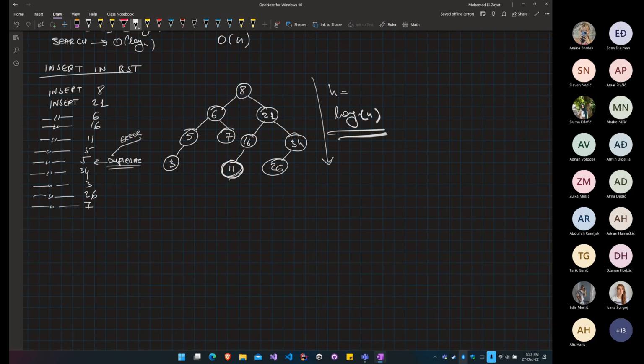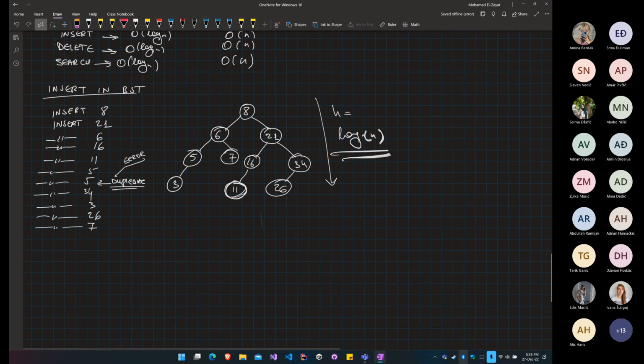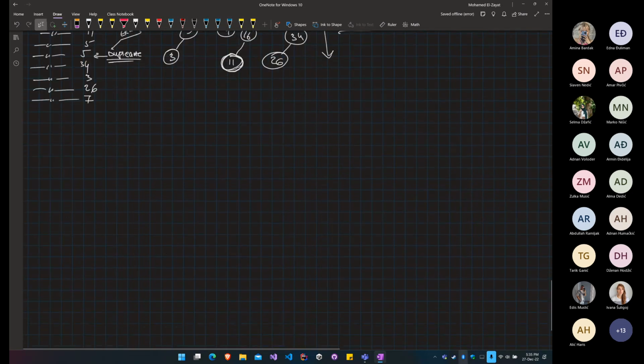Okay. Now, the question is, what happens in searching, why do we have O of n? If this is log n and everything is fine, why would we have this? You would have this if I tell you to insert in a sorted manner.